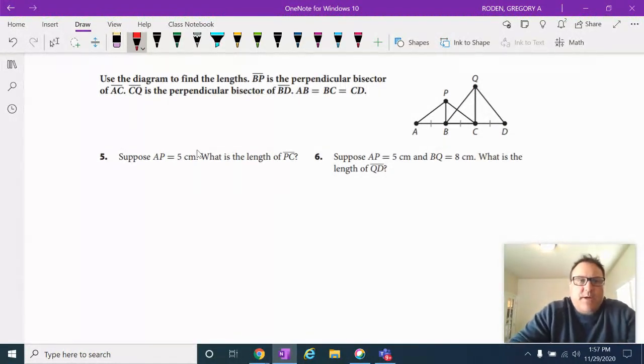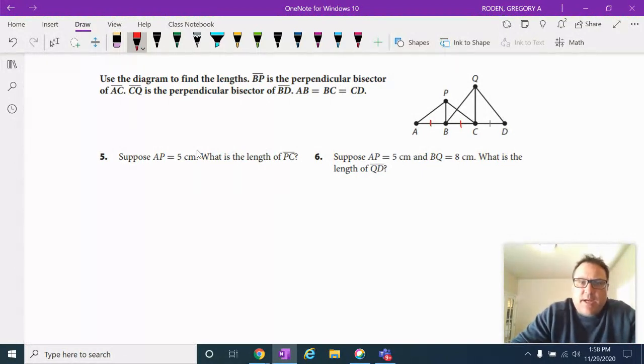Okay, so use the diagram to find the lengths. BP is a perpendicular bisector of AC. Well, that means that these two have to be congruent to each other.